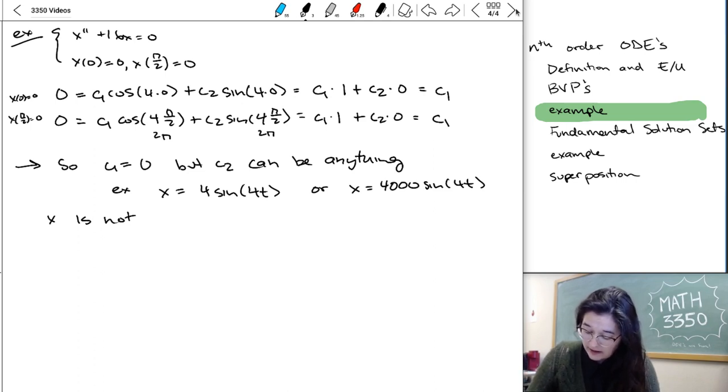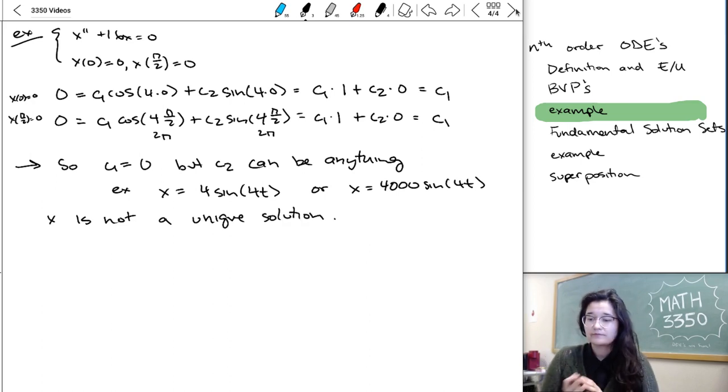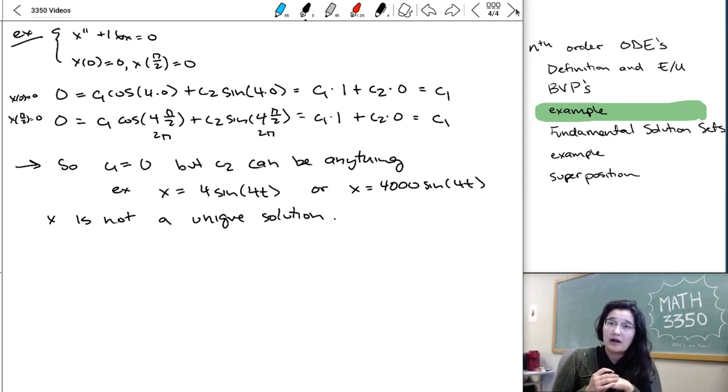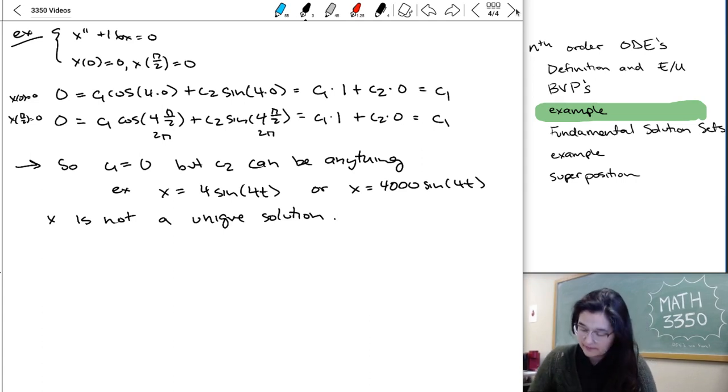So x is not going to be a unique solution. So even though the initial value problem theorem guaranteed the existence of a unique solution, the boundary value problem doesn't necessarily have a unique solution. I could find infinitely many right here.